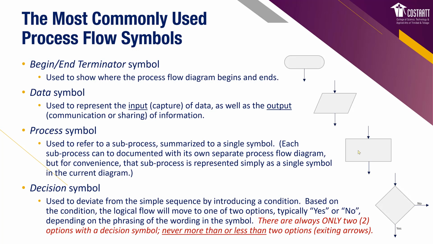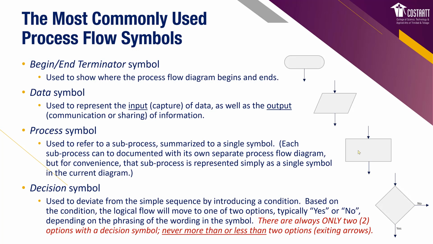So the decision symbol is a very important symbol. And of course, once it is appropriately labeled, usually in the form of a question, you have only two options, and that is yes or no. Always two. If you have more than two conditions or more than two outcomes, then you need more than one diamond.